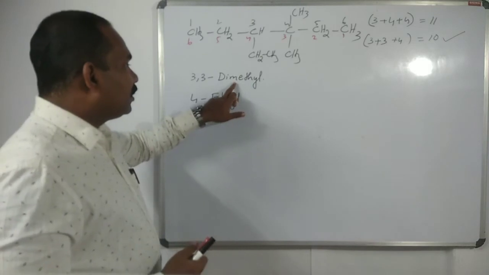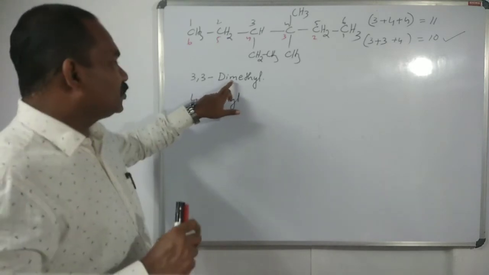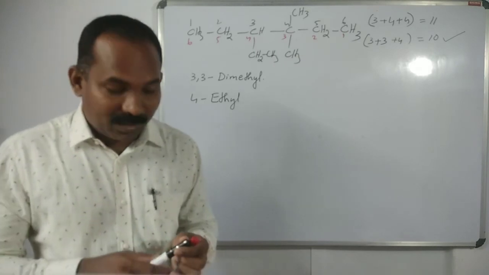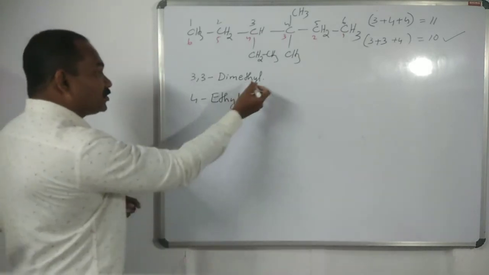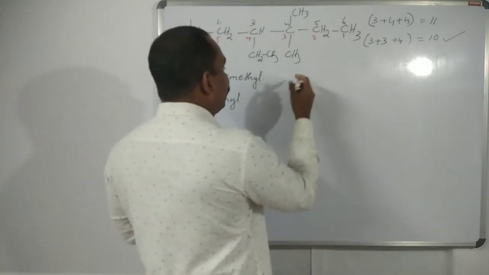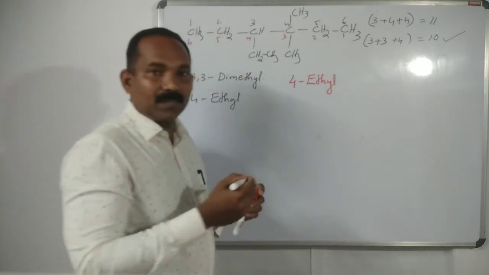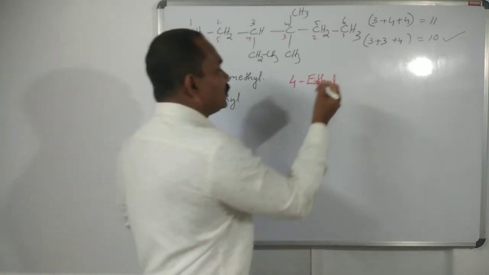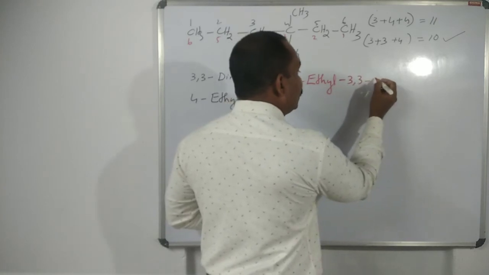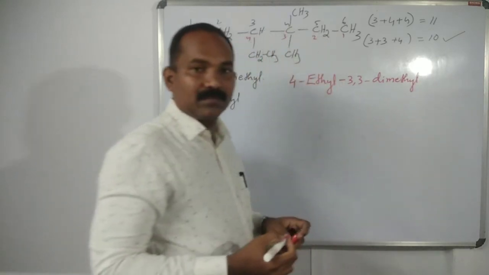So here methyl group, do not consider the di. Methyl group M, ethyl group E. According to the alphabetical order, E comes first. So the name of the molecule is 4-ethyl. Then another number comes, so separated by hyphen, 3,3-dimethyl.